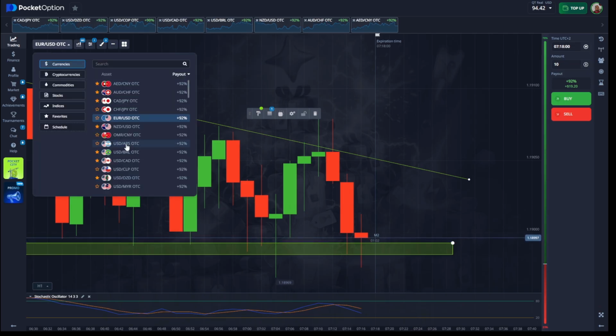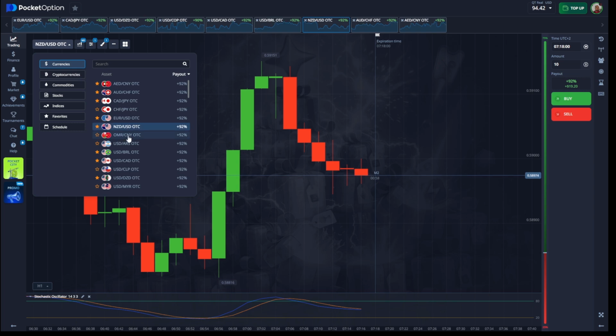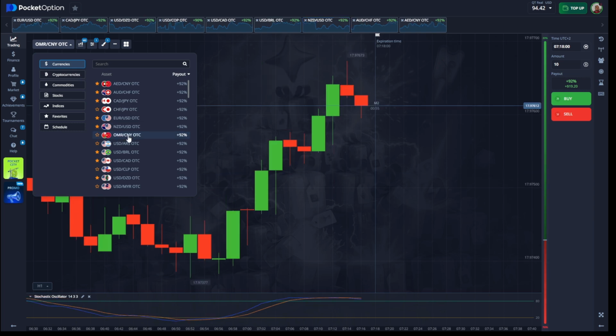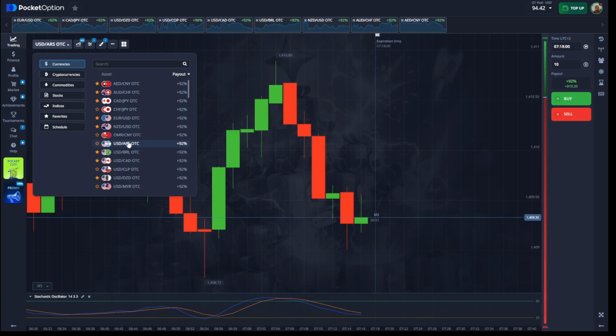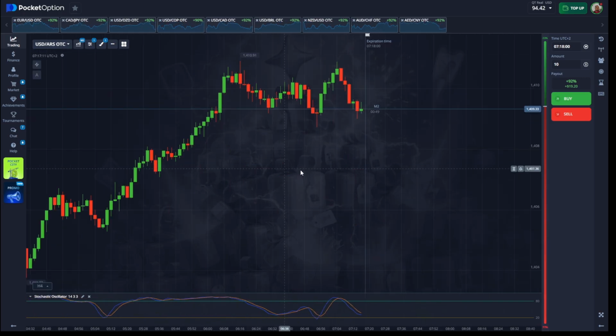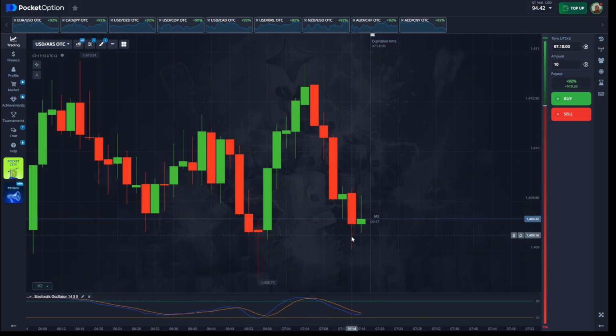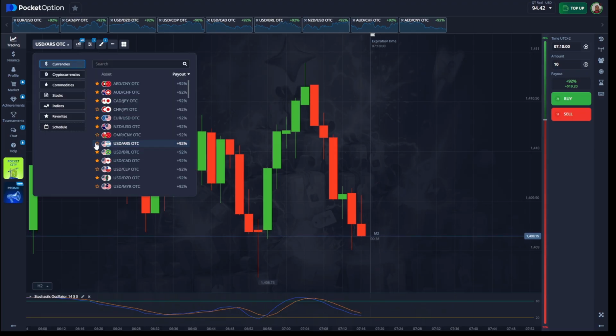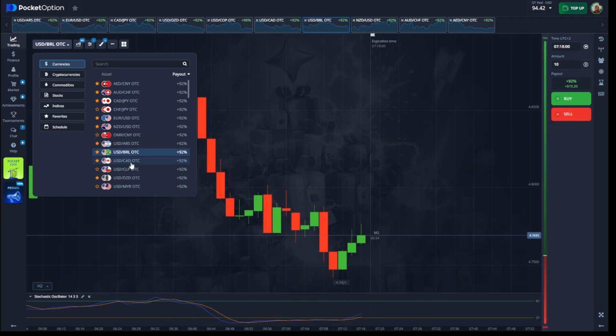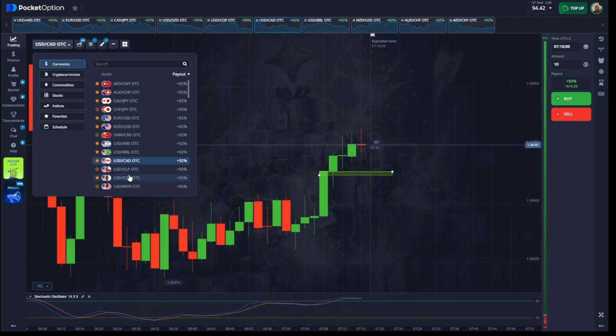So we can wait for that while I look for another currency pair. I can also look at this. If this candle can close bearish, then we would have our rejection. So I'm observing two candles right now.